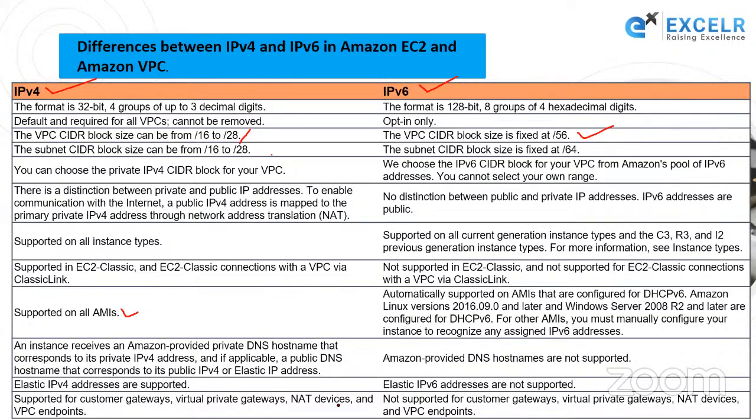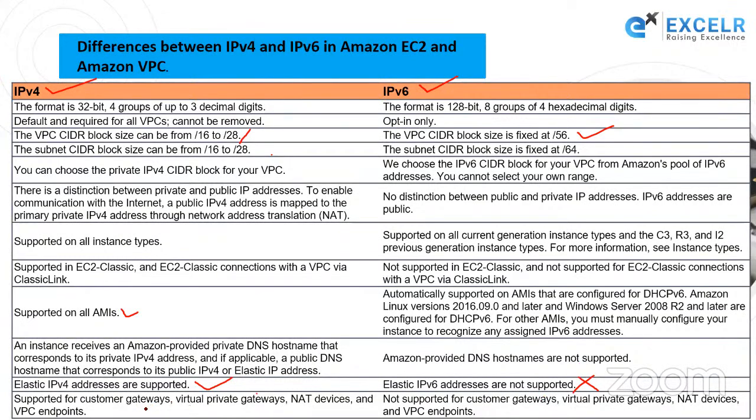Within a VPC with IPv4, you get something called an elastic IP address. Elastic IP addresses are nothing but static public IP addresses within your VPC. With IPv6, it is not supported. There's no static IP address. Then there are certain devices which are supported.